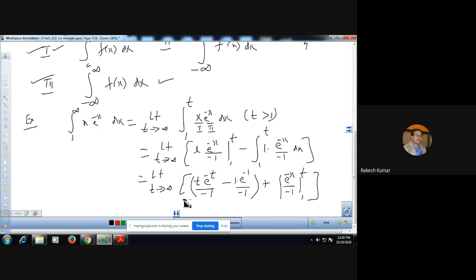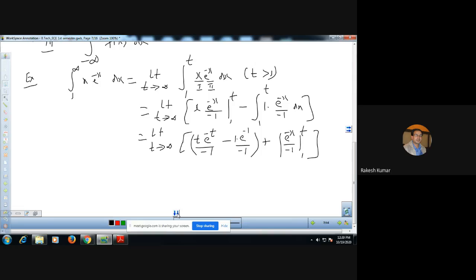Now, you just simply put the limits and take the final limit as t approaches infinity, because we are getting the expression in terms of t. This is minus t e raised to power minus t, plus 1 over e, and minus common e raised to power minus t, and e inverse.